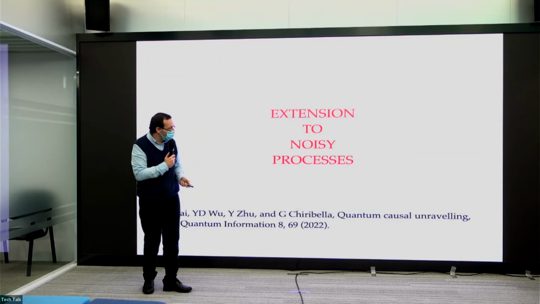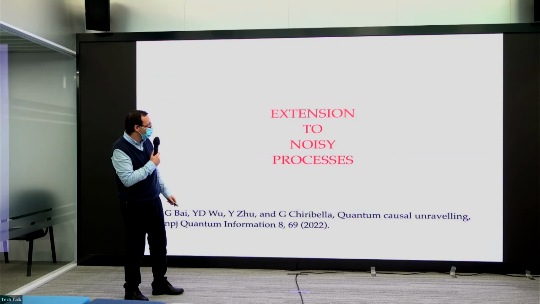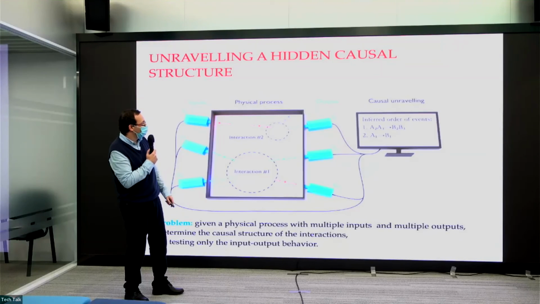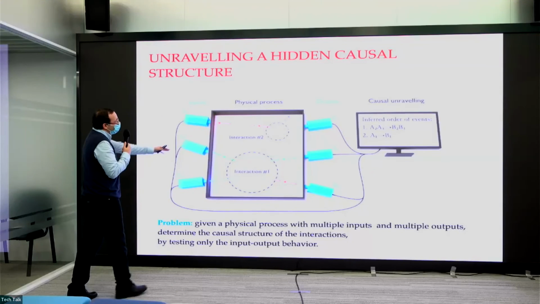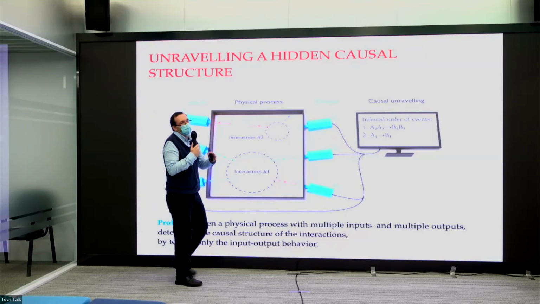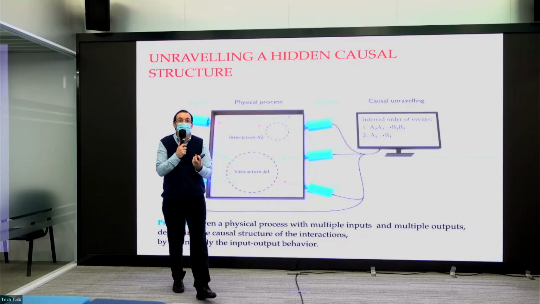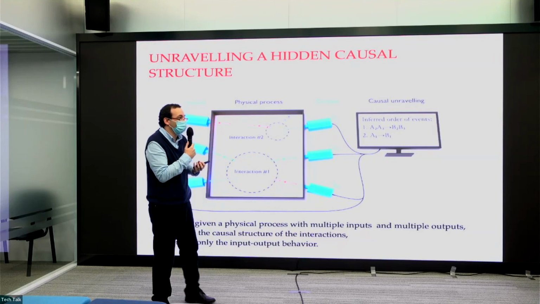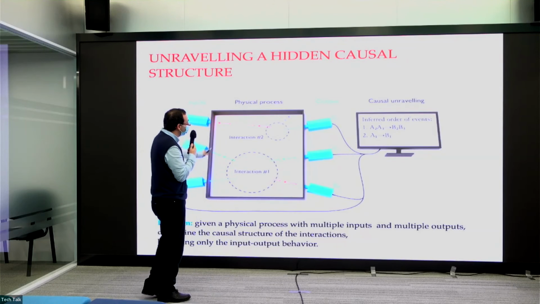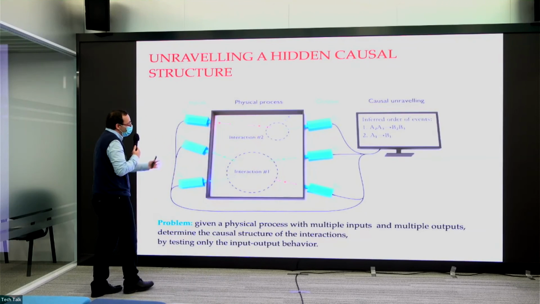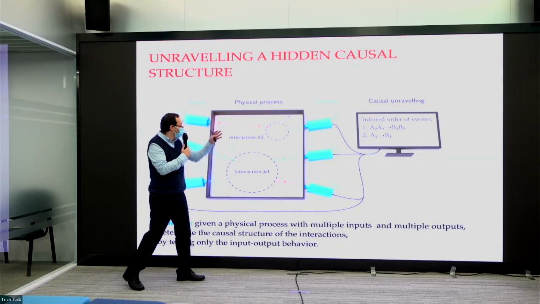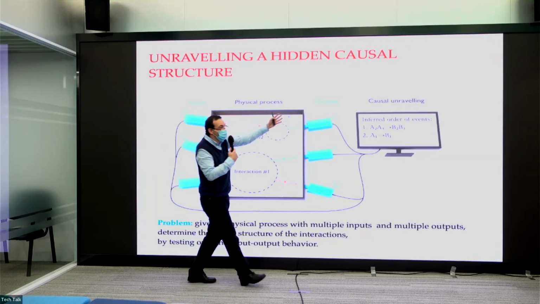So after that, we looked into some noisy version. I will just go fast on this. The idea here is that we cannot just promise that our process is a perfectly reversible process or an invertible function. There will be some noise in the process. So the general question is, imagine that you have some big noisy process with many inputs and many outputs.